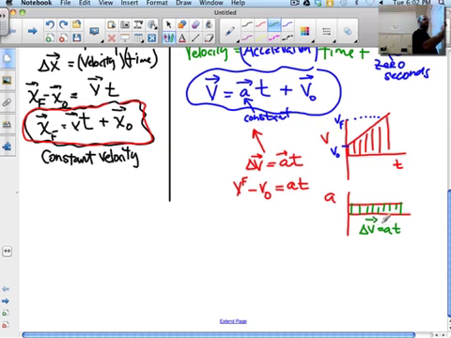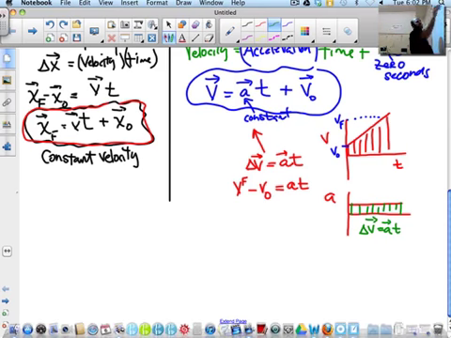Right? Now, this area right here is going to be the average of my initial and my final velocity times the time. Okay, that's one way of writing it. I can take the average of these velocities.